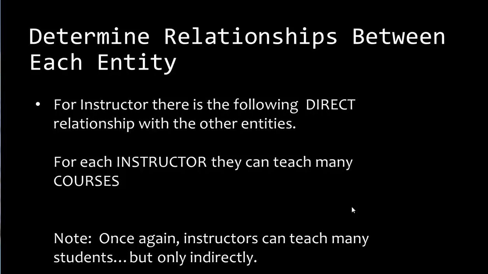A student takes a course. A student does not take an instructor, because at any point in time, based upon the course they're taking, the instructor could change. That happens all the time. Make sure you understand that, and this is where practice comes into play. We want direct relationships, not indirect relationships.